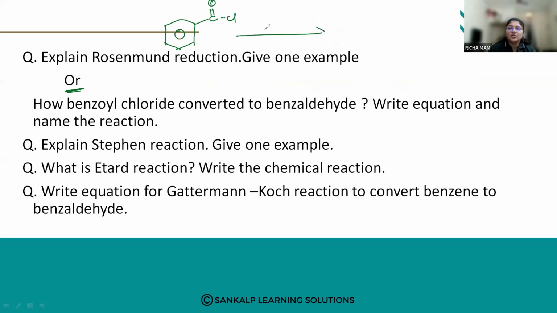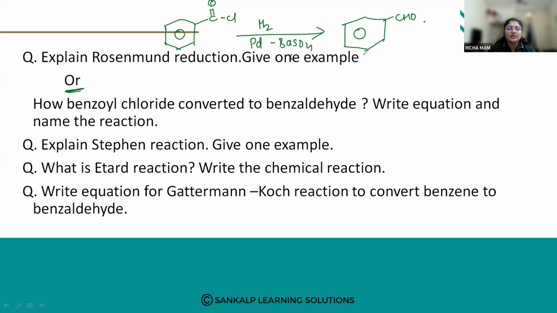What we are doing is hydrogenation using palladium on barium sulfate. What am I going to get? I'm going to get benzaldehyde. So I have written the reaction. Benzoyl chloride is hydrogenated over palladium on barium sulfate and gives benzaldehyde.